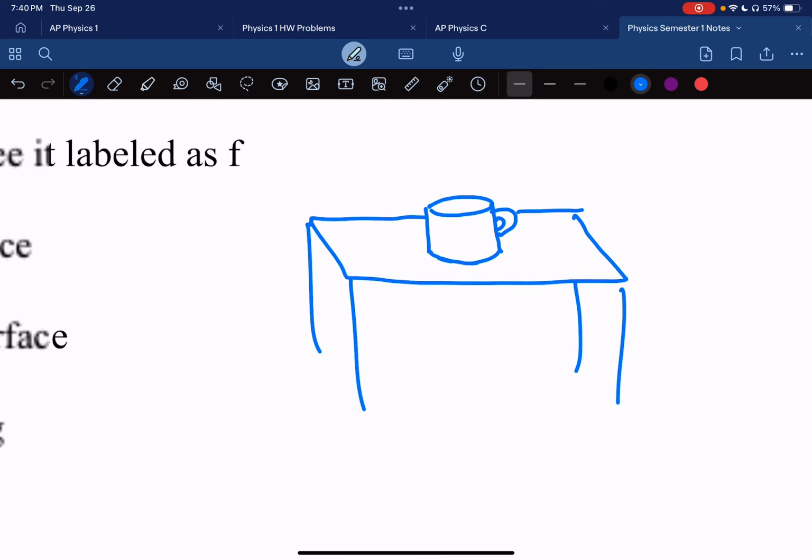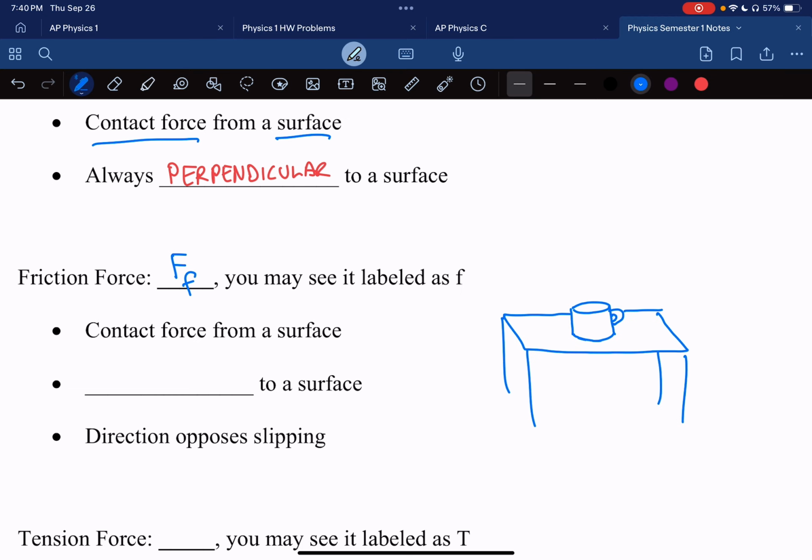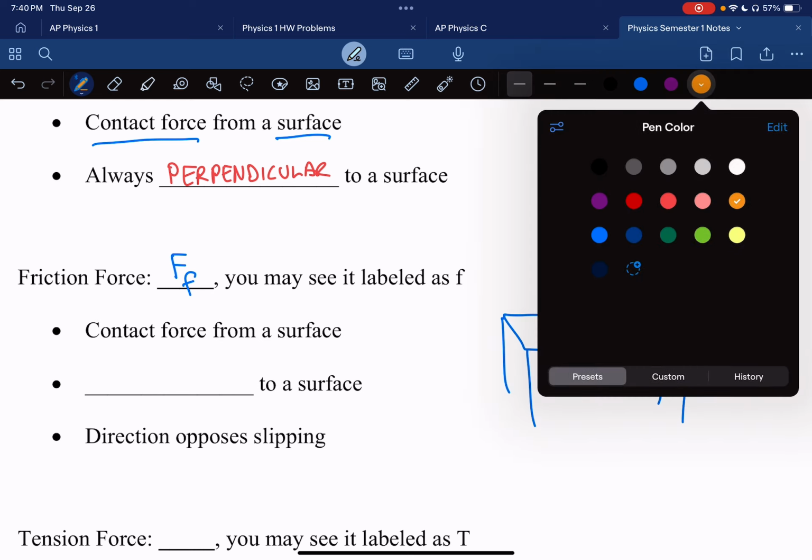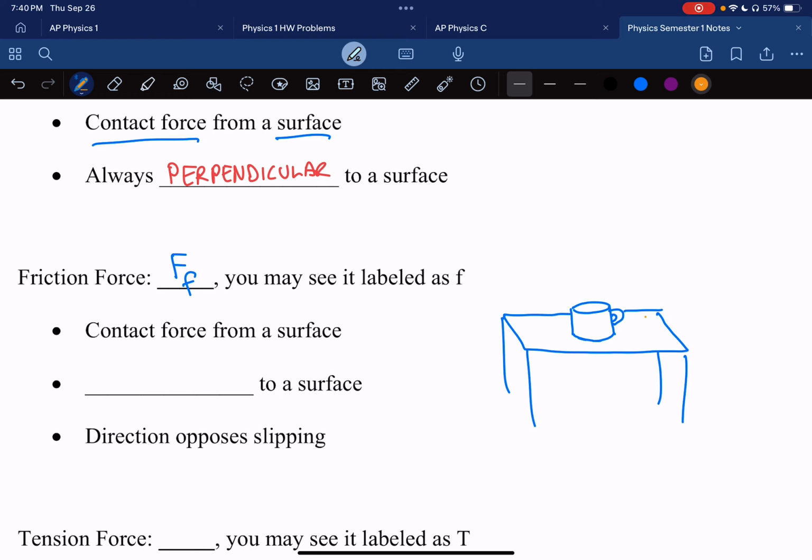There. So, I want you to imagine you take your hand and you push on the cup and you start pushing it to the left. So we put a force on this to the left.